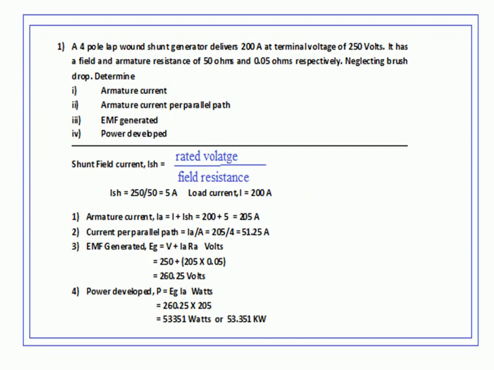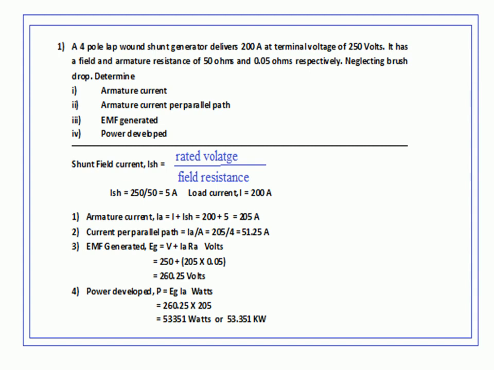Same continuation, another type of problem. Go through that. You have to calculate armature current, current per parallel path, EMF generated and power developed. We have discussed all the formulas in the classification of DC generators. It is almost based on that. Such type of problems have been asked in examinations.